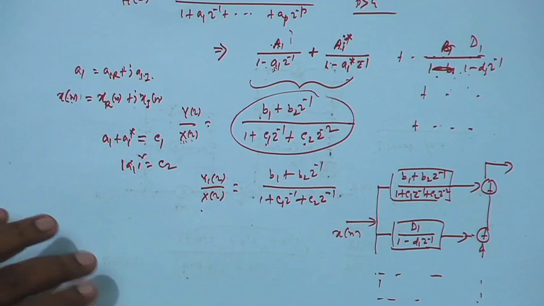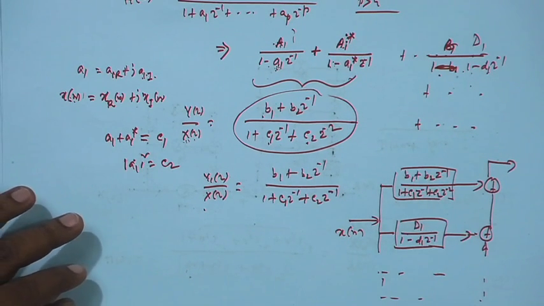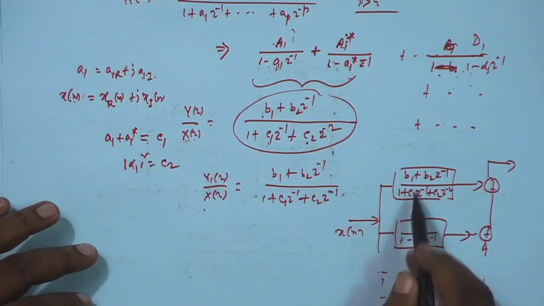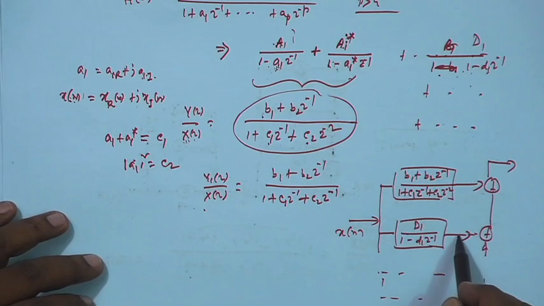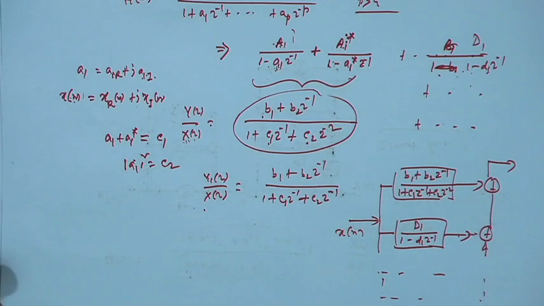This is called parallel form. There are parallel filters either second order or first order, and you are passing x[n] through each of them, giving Y1(z), Y2(z), Y3(z) like that, and adding all the outputs. This is called parallel form.